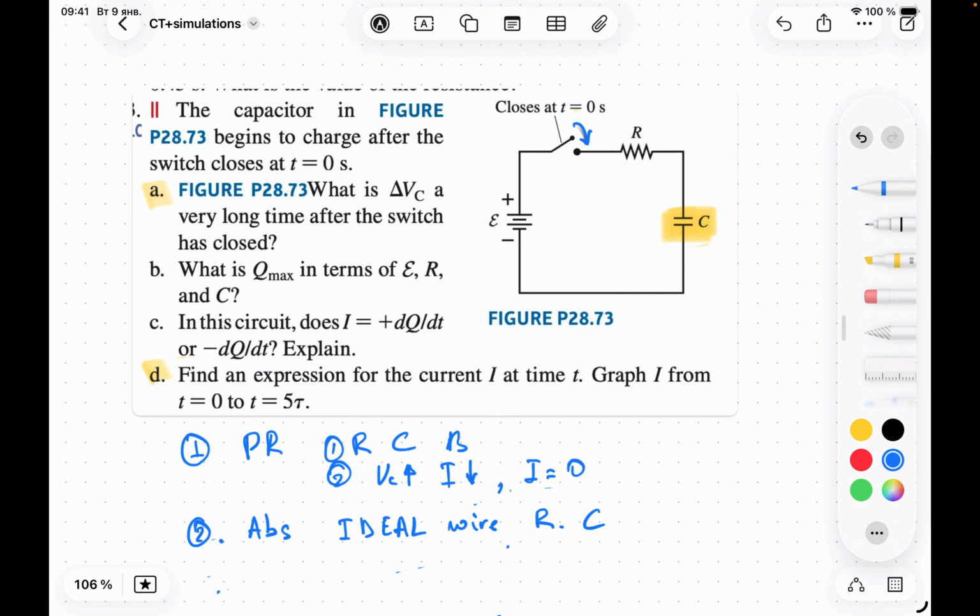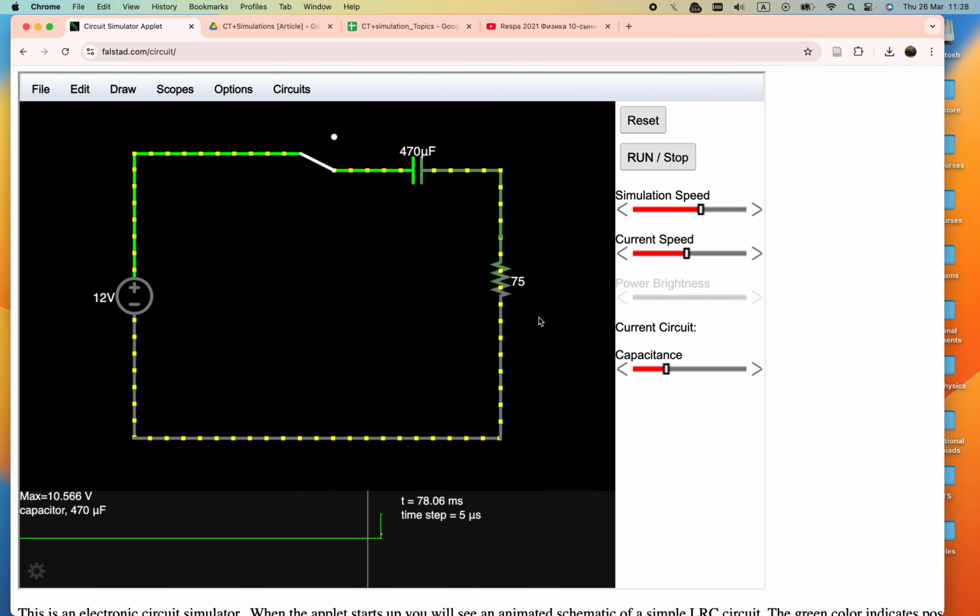So abstraction allows students to focus on core physics, not real world imperfections. To reach our main idea, we have to ignore unnecessary details. This simulation helps us create ideal circuits, although you can also create a real life battery and real life capacitance with resistance. But in this case, ideal. We ignored unnecessary details.